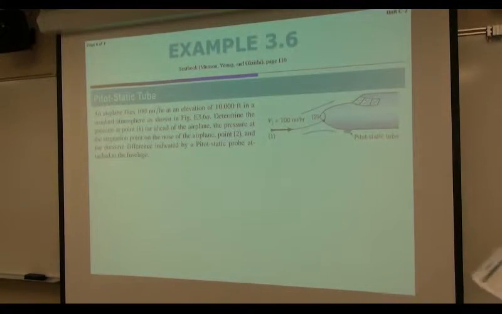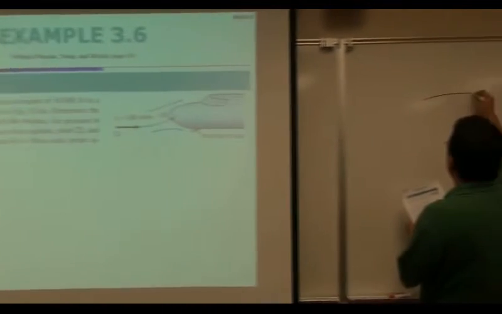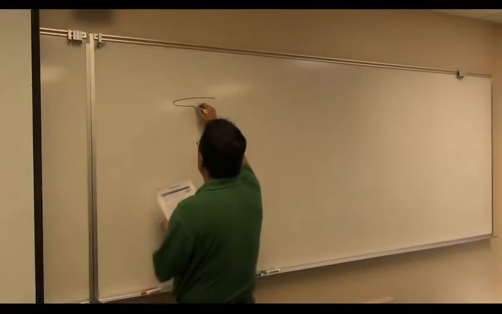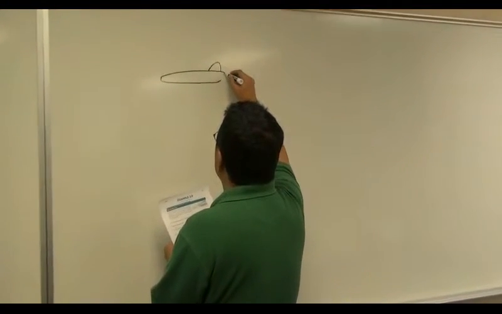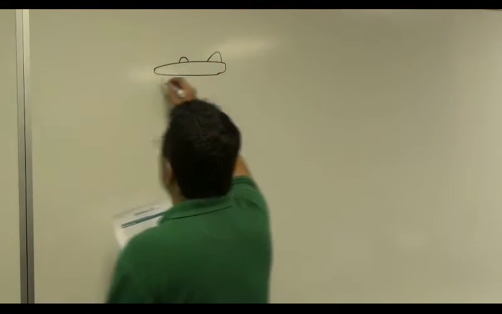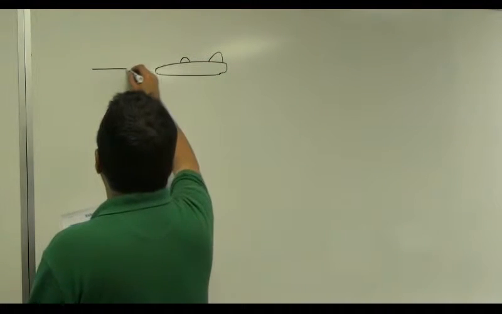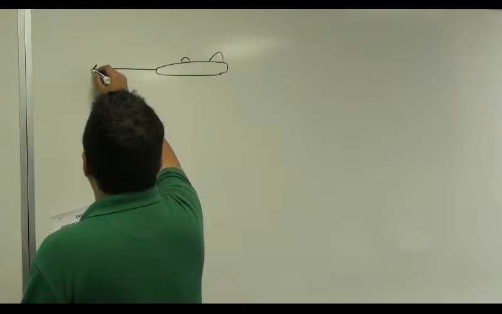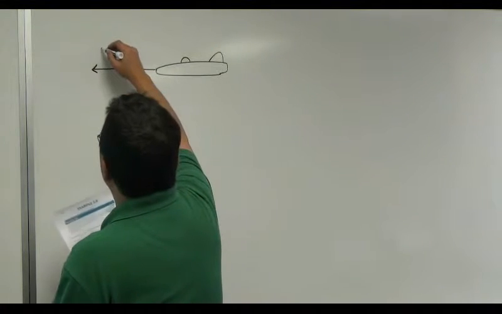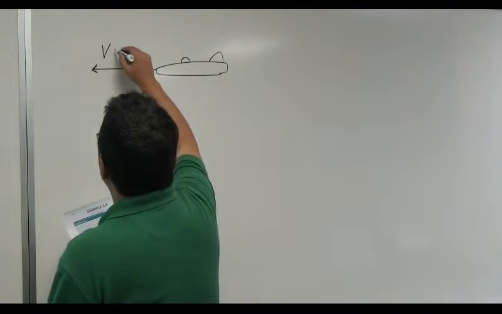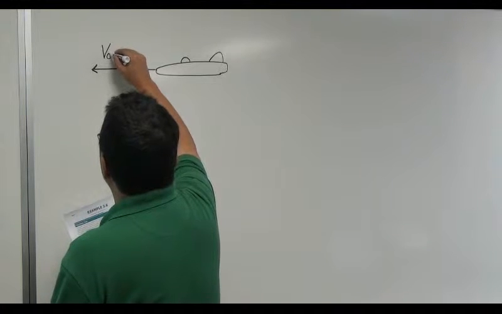which is attached to the fuselage. Okay. So once again, let me just emphasize the real situation. This is a real airplane, which is in this case moving, okay, moving with velocity, let's say velocity V0.